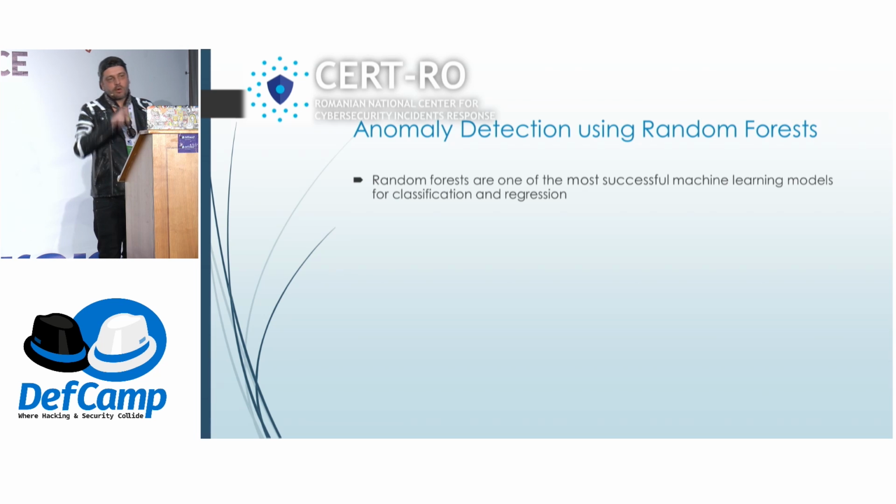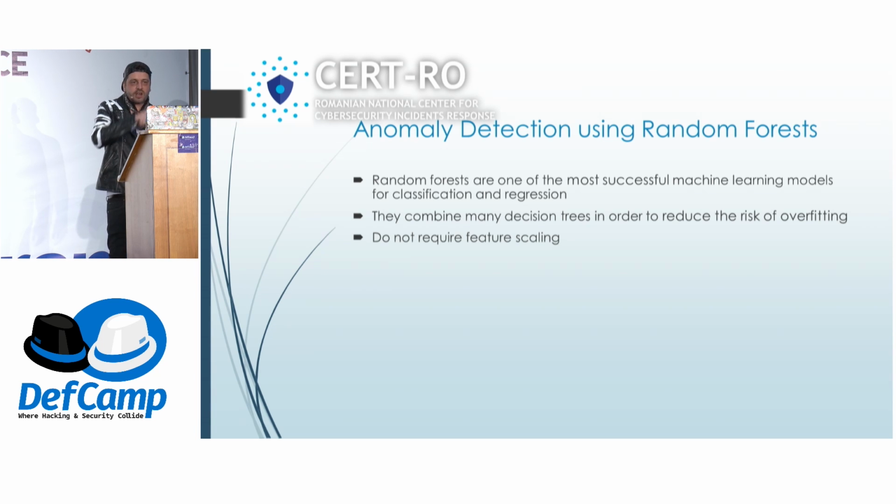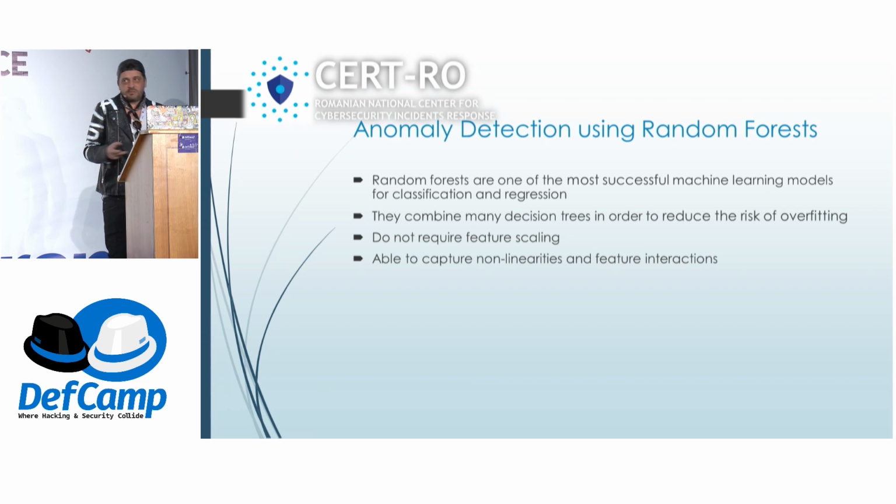So our anomaly detection engine uses a random forest regression algorithm. Random forests are one of the most successful machine learning models for classification and regression, because they combine many decision trees in order to reduce the risk of overfitting. Also, they do not require feature scaling. This means that we can add an unlimited set of features to our anomaly detection engine and AI model.